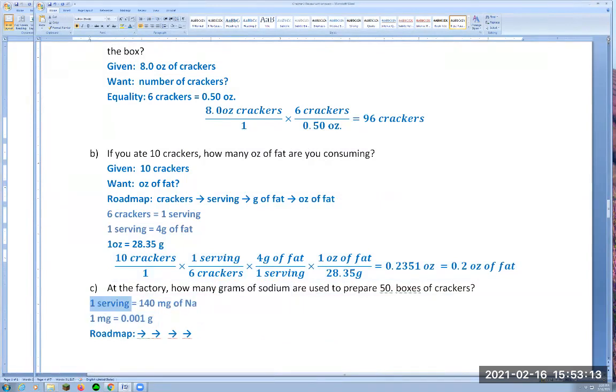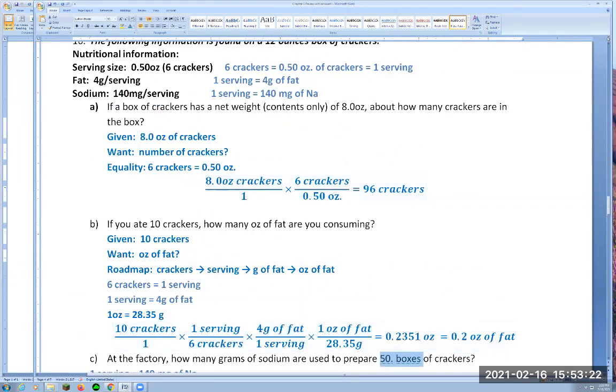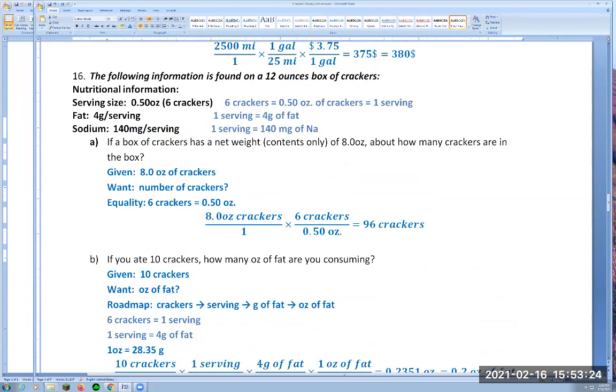But we need to go to servings from the 50 boxes here, right? Let's see, do we have information like that? Serving versus box.